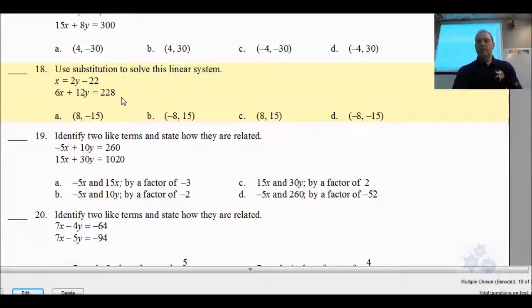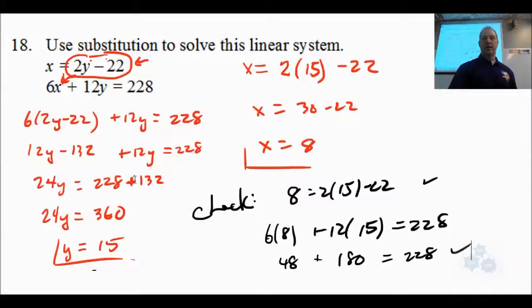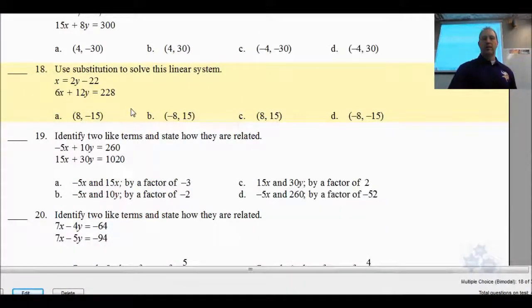Now, the best way is to actually do it and get your answers. However, if you get an answer that doesn't show up here, let's say I made an error with the subtraction here, so I get two different answers. The nice thing about multiple choice is that you can see the answers up there.